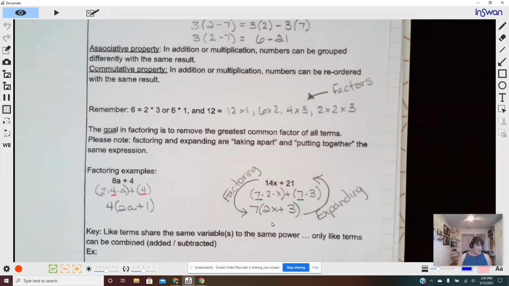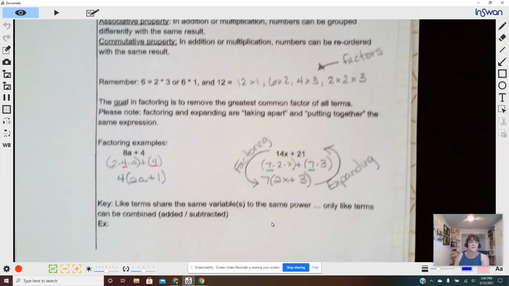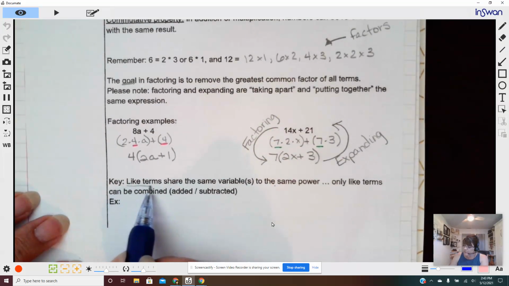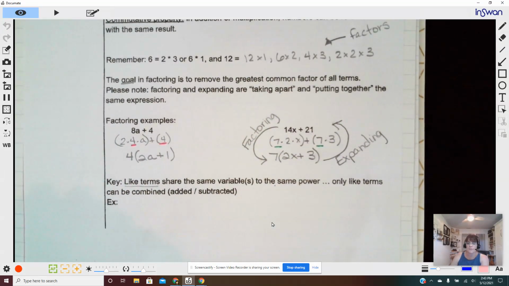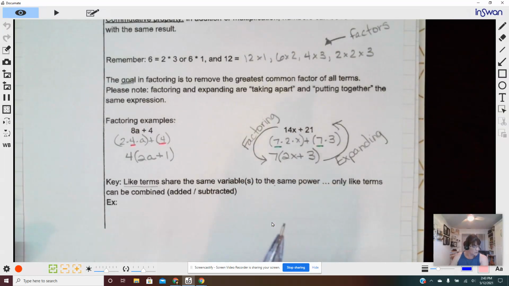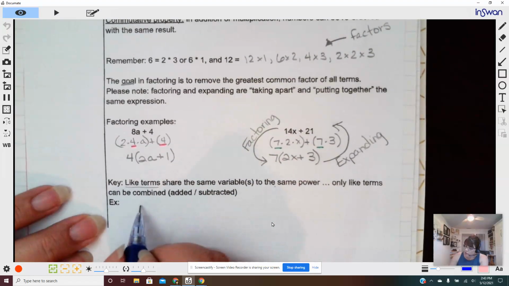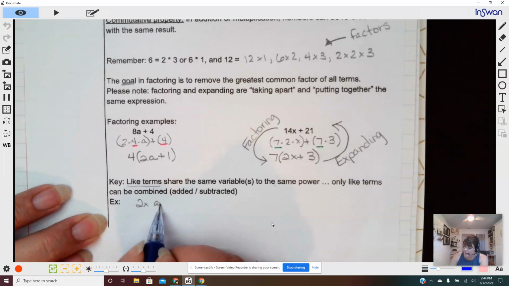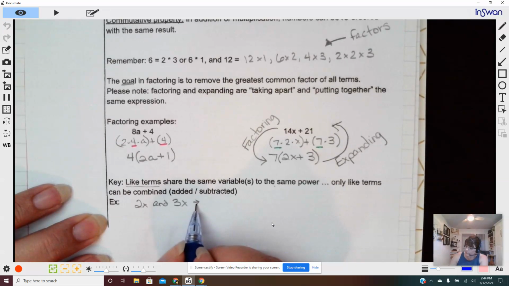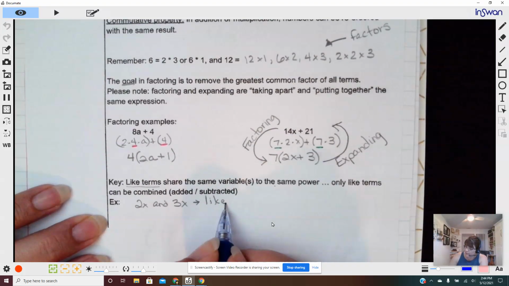Okay. Now, the last thing I want to share with you, and this is a little bit of a preview into our next lesson, is what do we mean when we say like terms? There's a little bit of assumption sometimes from mathematicians that you know what that means. Okay? It means that they have the same variable to the same power. So 2x and 3x are like terms.